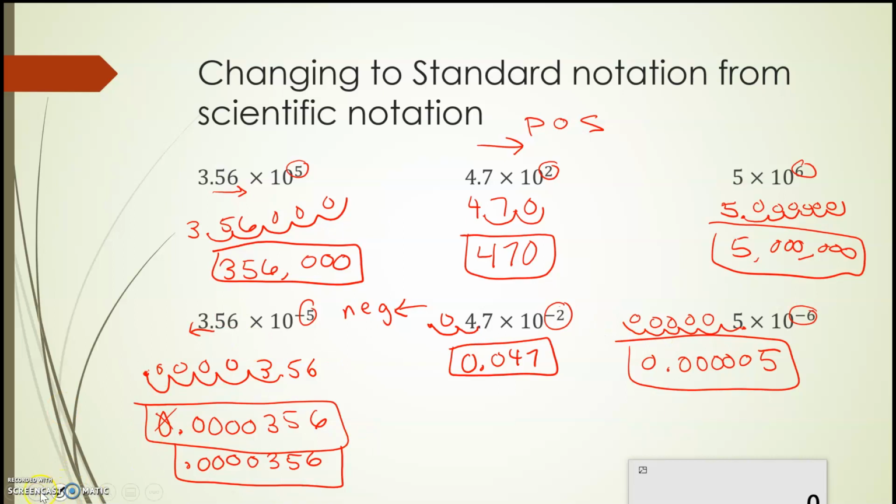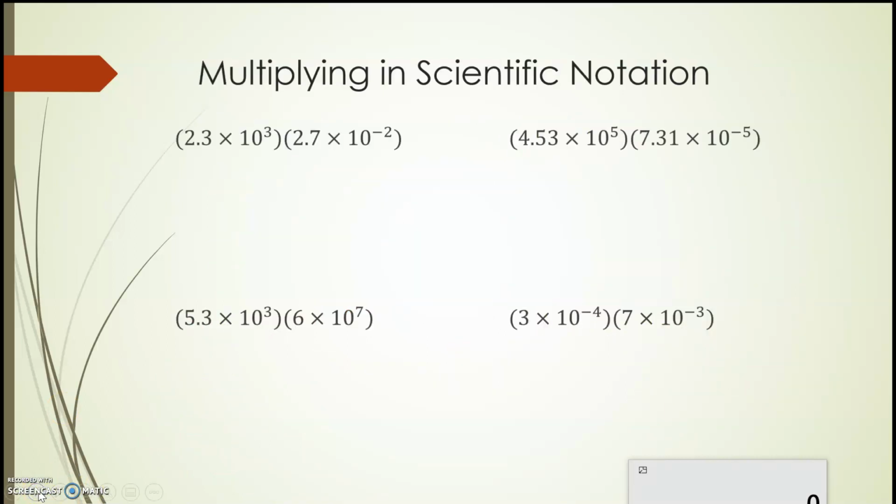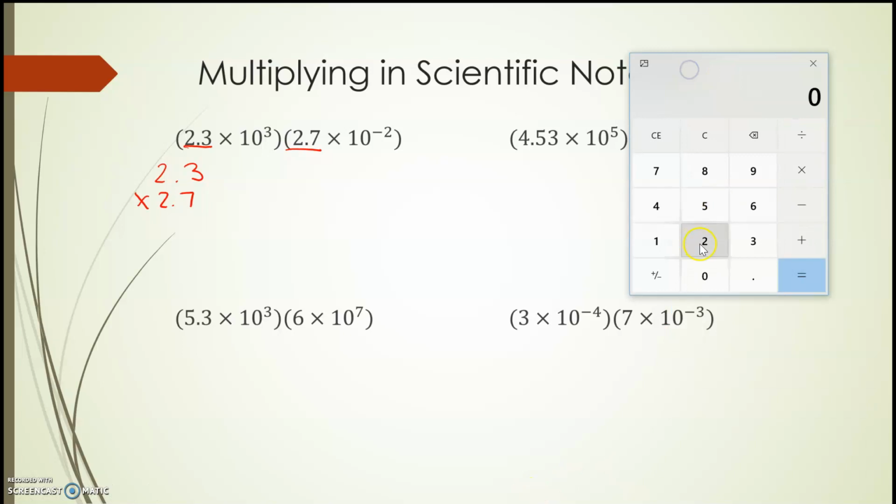Okay, last thing we're going to be learning is multiplying scientific notation. This is why I have the calculator out here. The key is that you start by multiplying these two numbers, 2.3 times 2.7. So you take out your calculator. 2.3 times 2.7 equals 6.21.